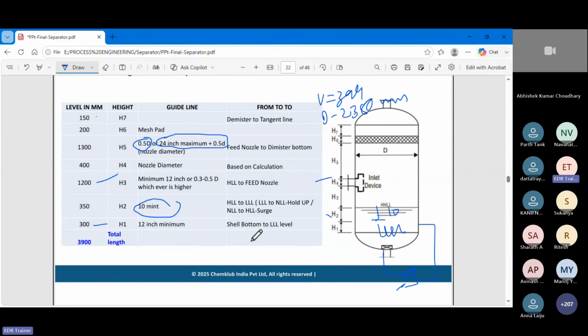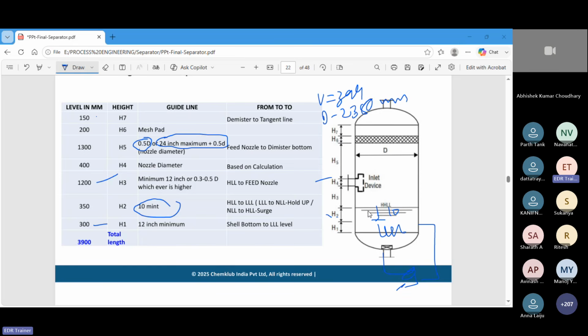Separator has two kinds of function. First is to separate out the vapor and liquid. And second is to control the downstream or upstream operations. Understood what I mean to say, Sakib? So here you need to understand that whenever we are putting in velocity or residence time, those are based on the requirement, and company to company, operational philosophy requirements are different.